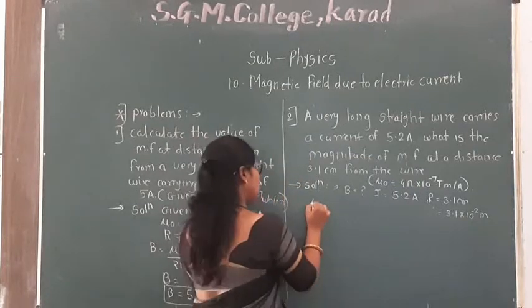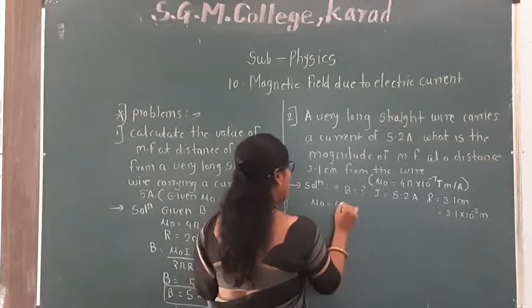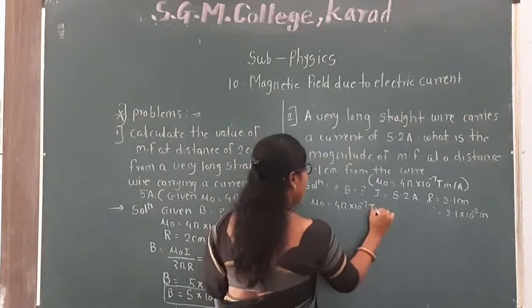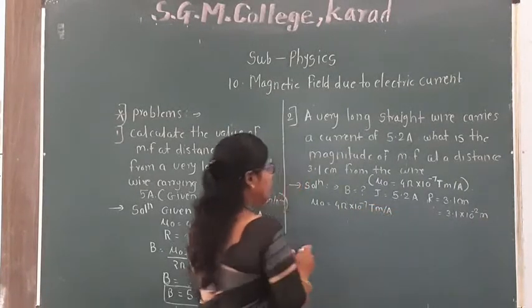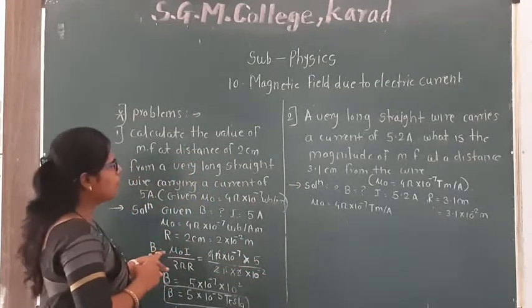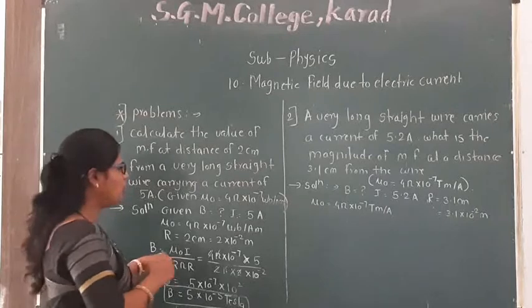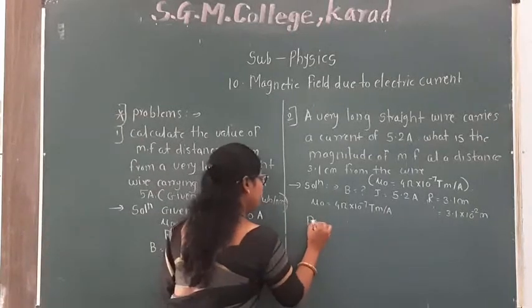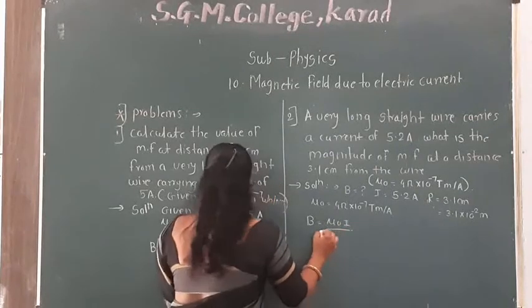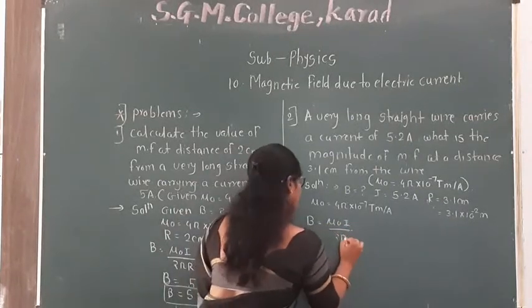Here mu 0 is also given: 4 pi into 10 raised to minus 7 Tesla meter per ampere. Now the same formula is used: B is equal to mu 0 I upon 2 pi R.